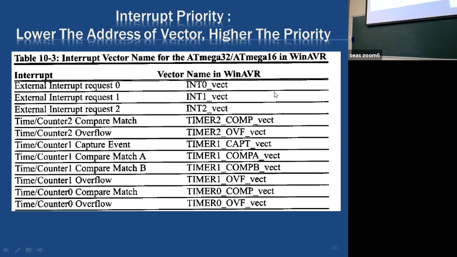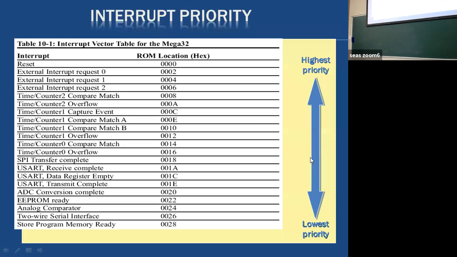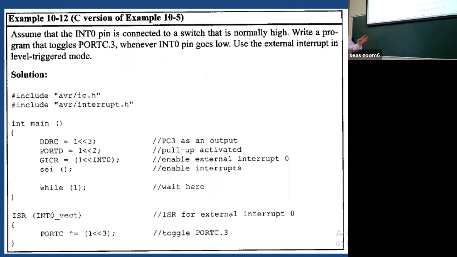Now, this can be one way of writing the program. Solution from the textbook. Let us quickly see this. Include avr/io.h, the same question. Include the interrupts header. Then in main, we have DDRC, that is pin number 3 of port C is output.